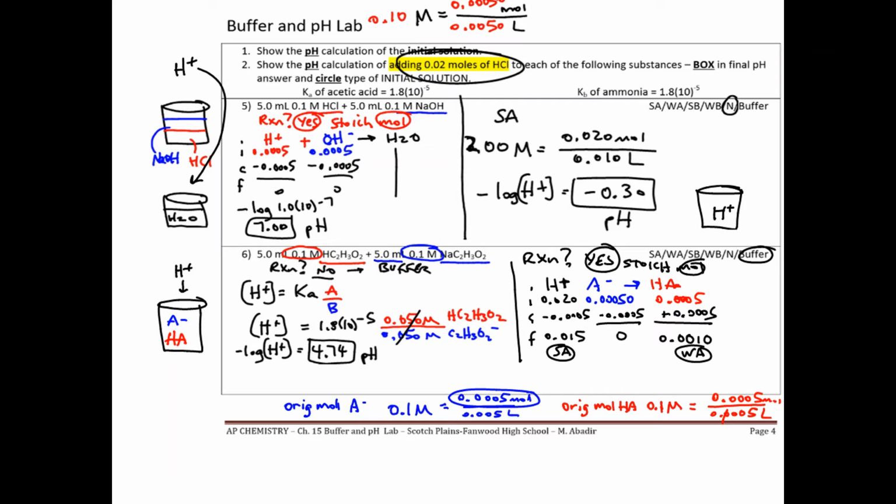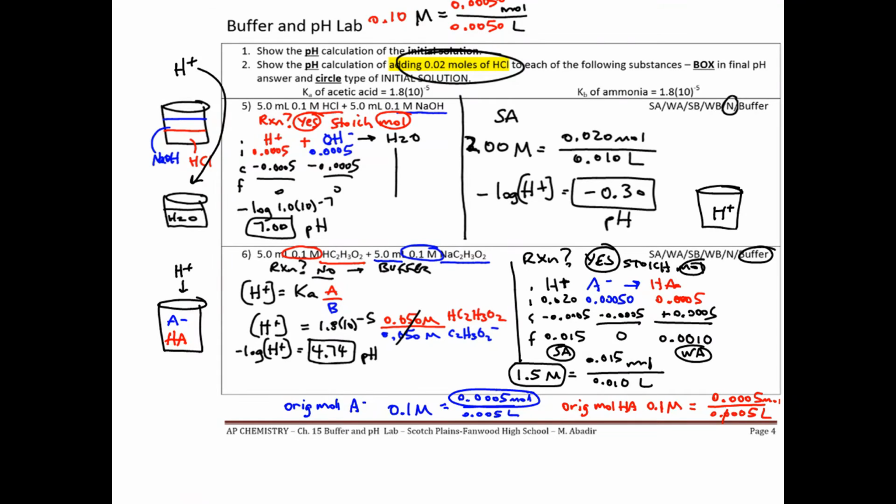So typically, you only care about the strong. So we're going to just do molarity equals moles over liters. And the moles is 0.015. The liters is 0.010. So that's going to be 1.5 molar.